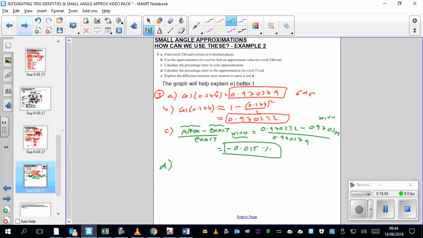Okay, part D. Calculate the percentage error in the approximation for cos 0.75 rad. So it wants us to do the same thing as we just did, but it's not giving us any help this time. So the exact, right, cos 0.75, and this is going to be interesting because I wonder if you know what's going to happen now.